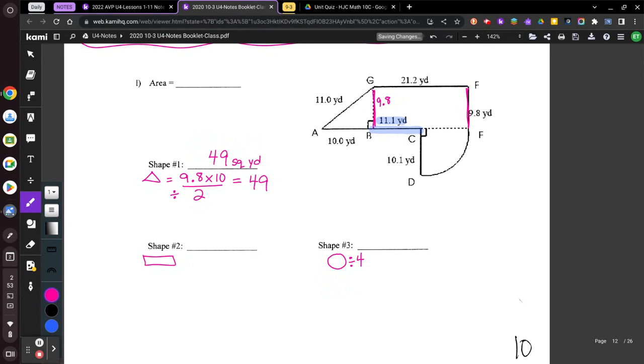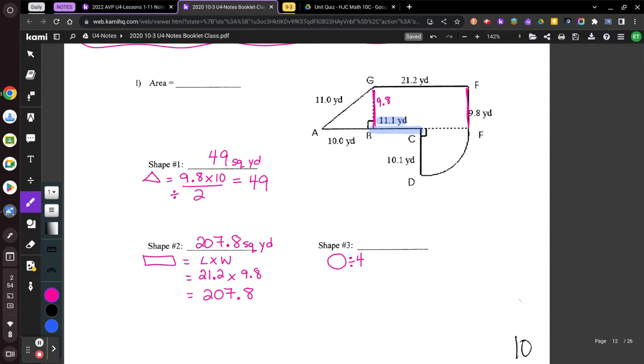The rectangle, length times width, is going to give me 21.2 times 9.8. And that's going to give me 207.8 for the rectangle, and that's squared yards.